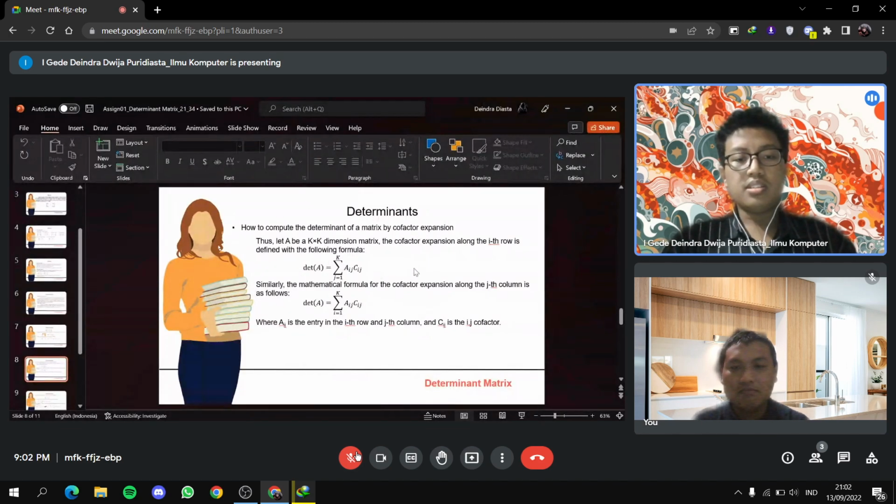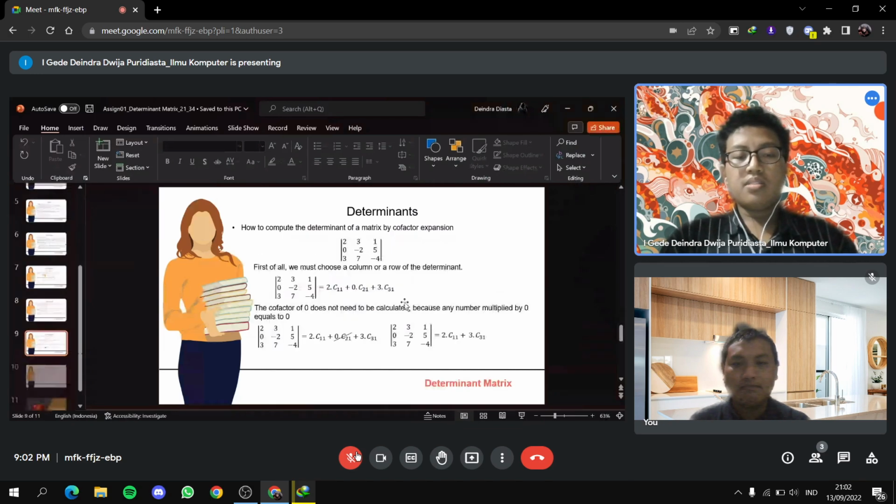Similarly, the mathematical formula for the cofactor expansion along the j th column is as follows, where a i j is the entry in the i th row and j th column, and C i j is the i j cofactor.